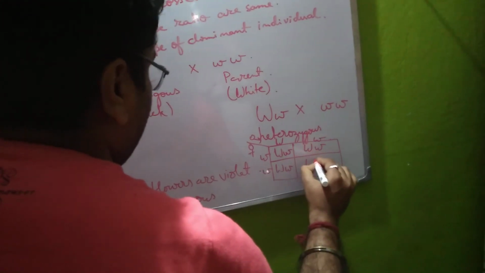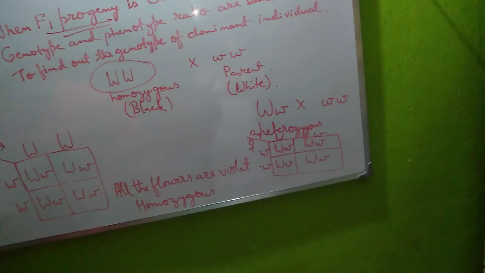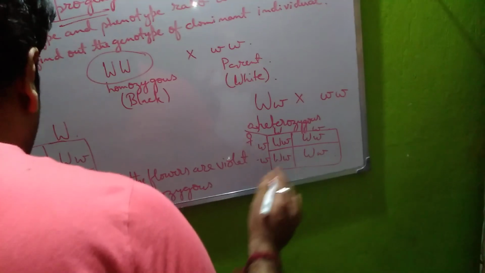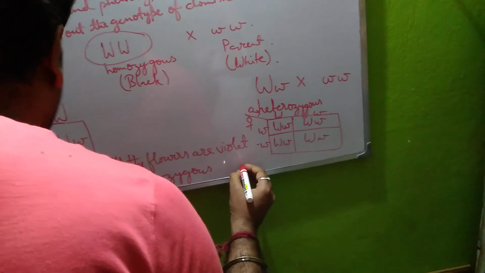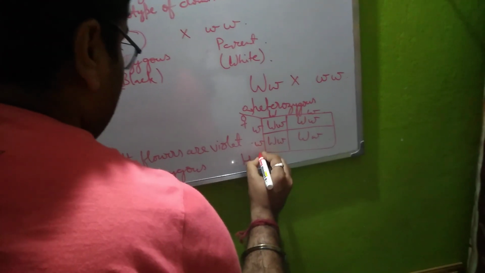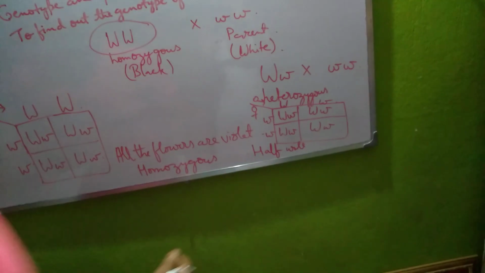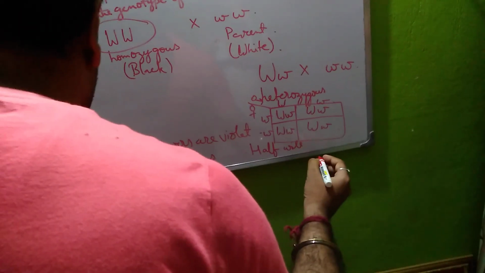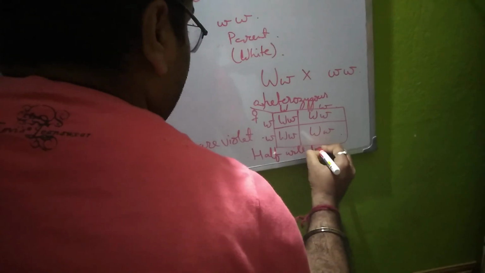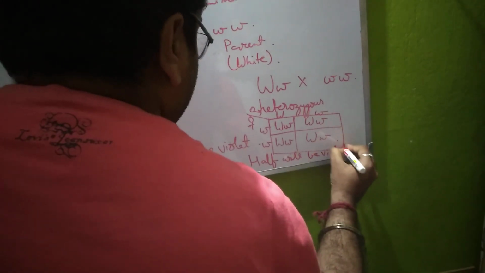So of all the four gametes that I am getting over here, half of them will be violet.